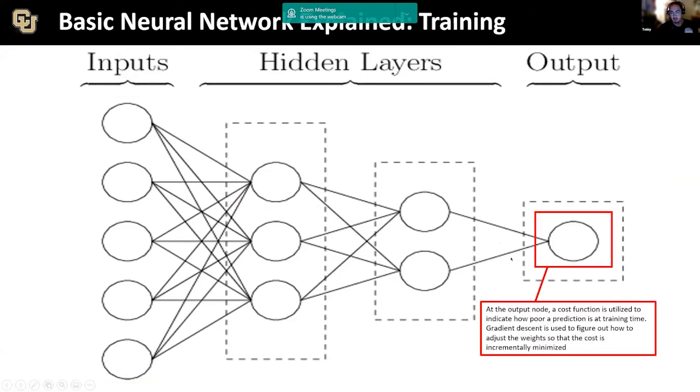And then at the end, once a prediction has been formed, something called a cost function is utilized, which essentially will take that output, compare it to some actual ground truth data point, and give you some sense of error or loss. And this will tell you how good or how bad a prediction is at prediction time.